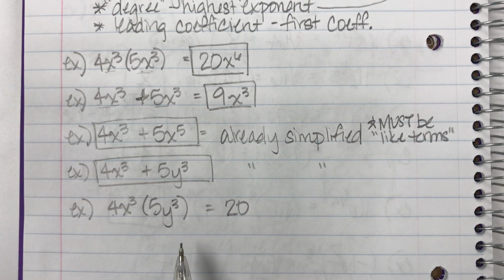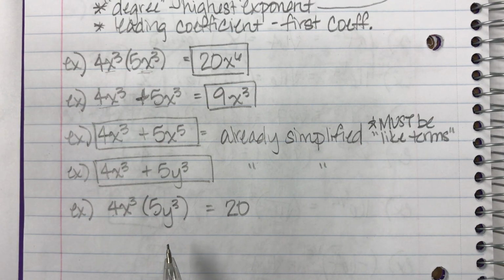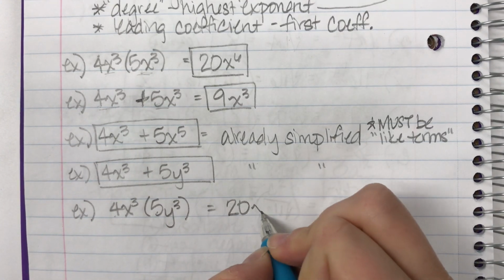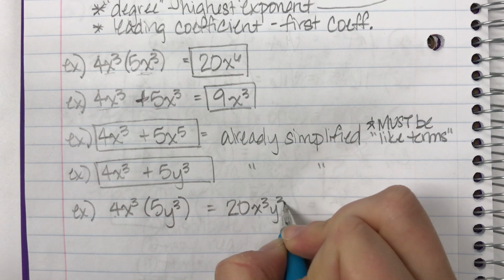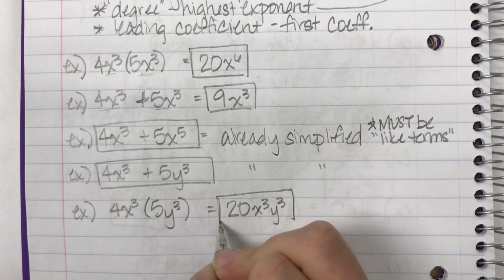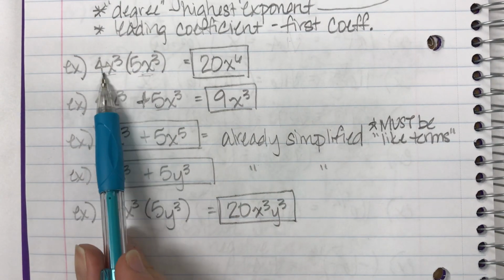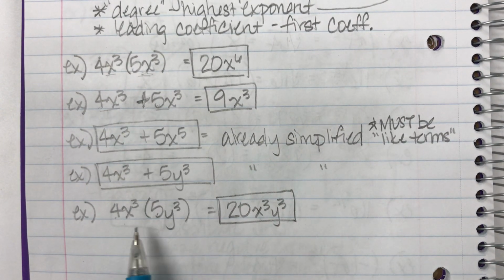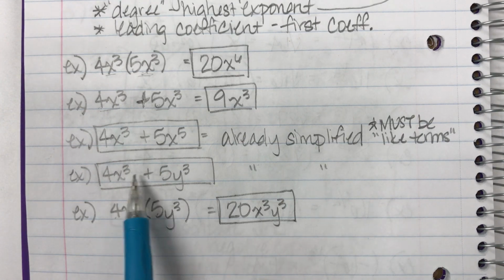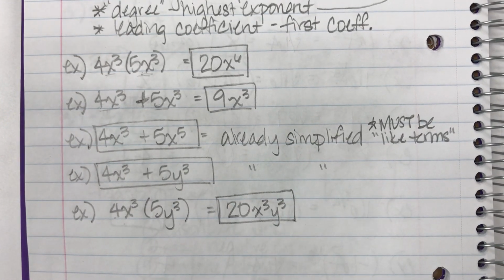It's kind of like combining like terms, but the variables still have to match. So in this case, you just have x to the 3rd, y to the 3rd. So you have 2 different sets of rules here. Multiplication, which means you can multiply anything, and addition, where they have to be like terms, okay?